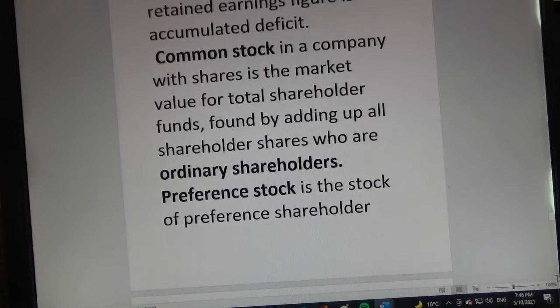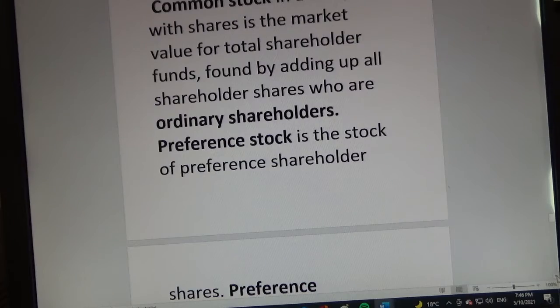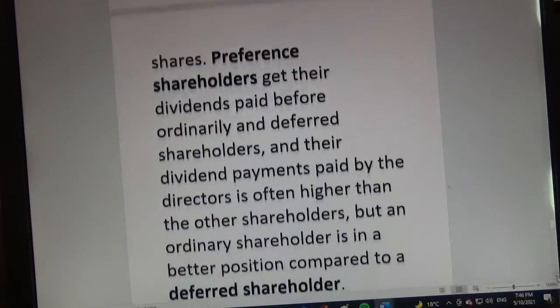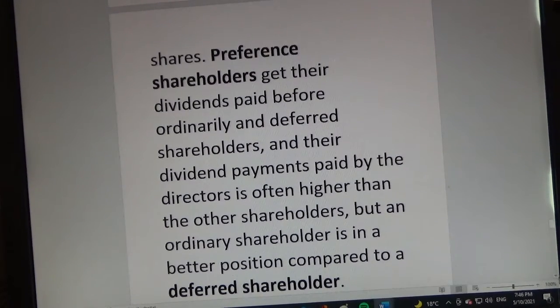That's common stock. Preference stock is the capital stock, the volume of shares that's owned by preference shareholders, and they get their dividends paid before ordinary and deferred shareholders. Deferred shareholders have to wait for the other two shareholders to get their dividends, but they pay lower prices for the shares initially.